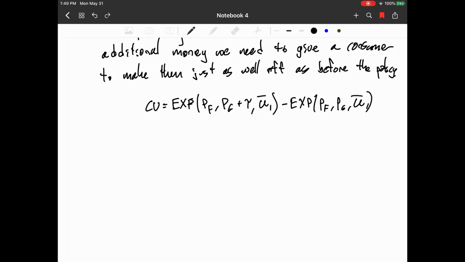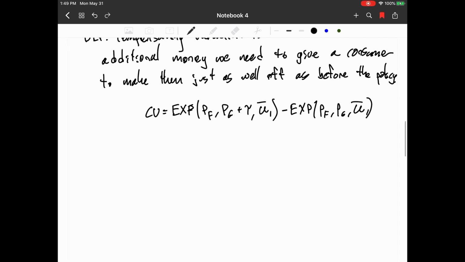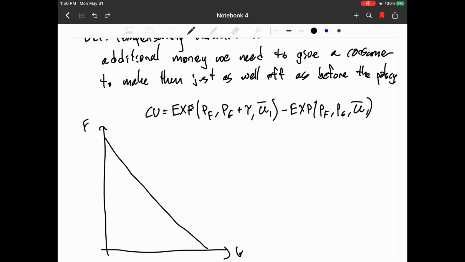And in the tutorial videos, in tutorial 4, I actually included this compensating variation on one of the graphs. So to set this up visually, we'll just extend our consumer's problem. So we have our original budget constraint. We have our new budget constraint.